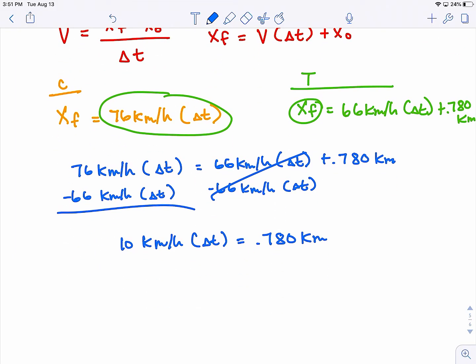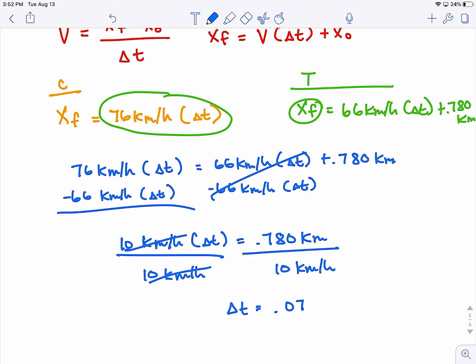I'm solving for time, so I'm now going to divide both sides by 10 kilometers per hour. And so my time for the car and the truck to meet would be 0.078, and then again here, kilometers divided by kilometers per hour. We flip and multiply, and so we're left with hours.